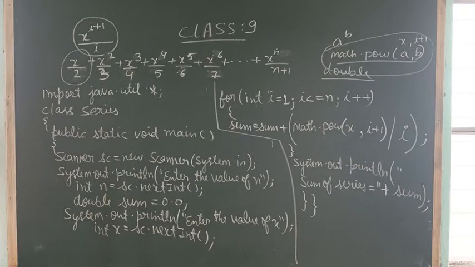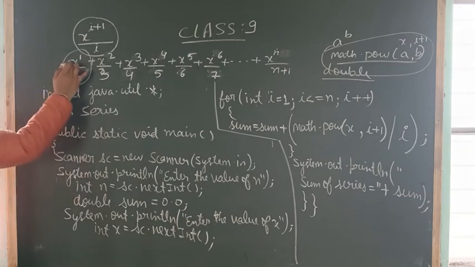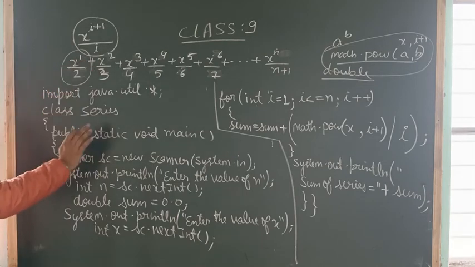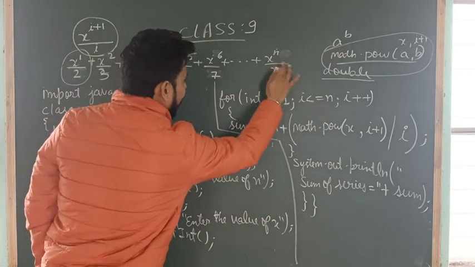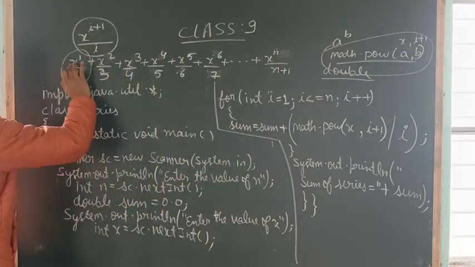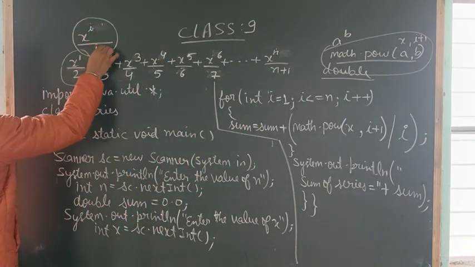So there is nothing much we have to do, because x raised to the power 1 we will say is x only. So this is x raised to the power I. Now our loop will work from 1 to n only. But here it is x raised to the power I divided by I plus 1.